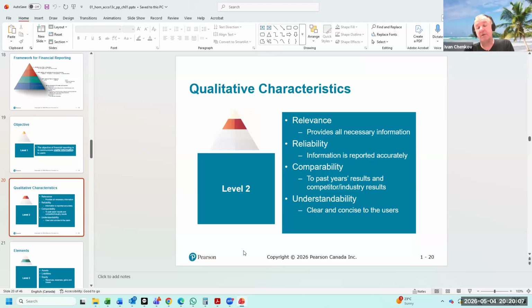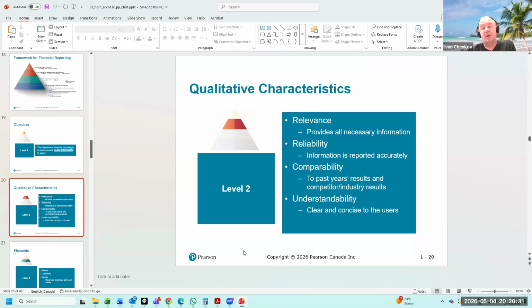Now, an interesting thing: if you have a chance to continue with accounting, you're going to find that the International Financial Reporting Standards start with exactly this. They comment on the basic characteristics and the framework under which financial reporting and accounting information has to be prepared.